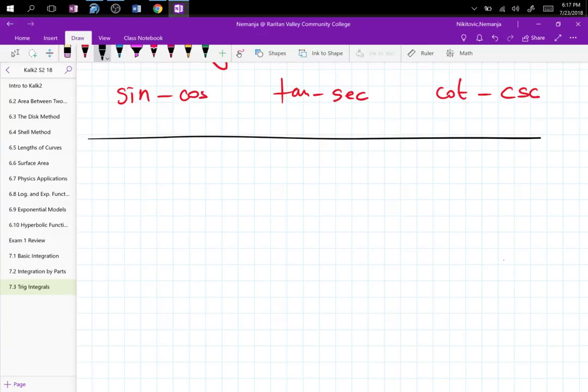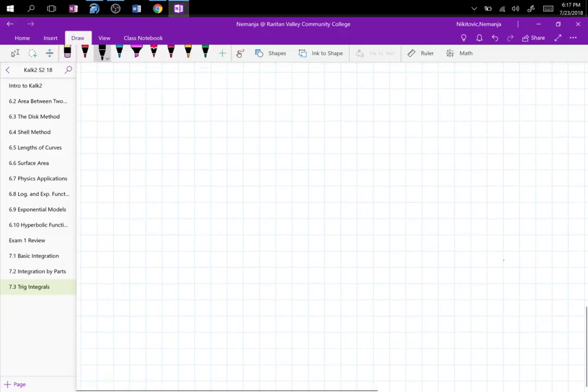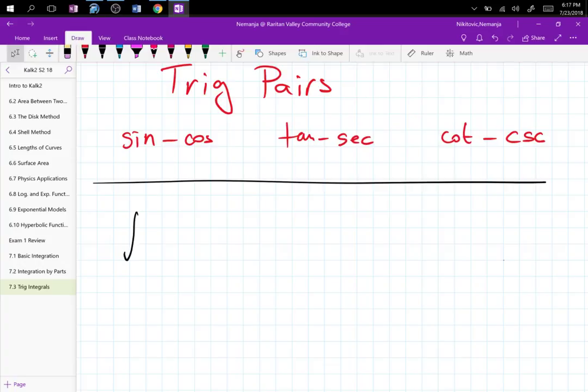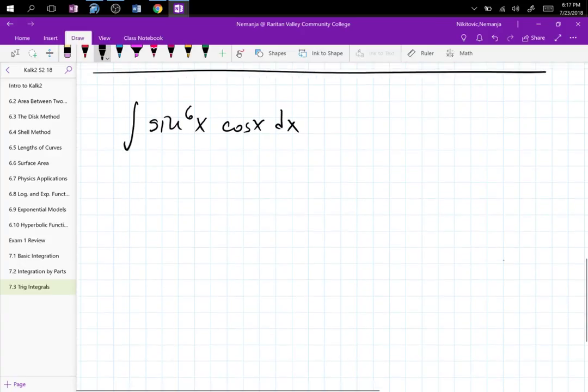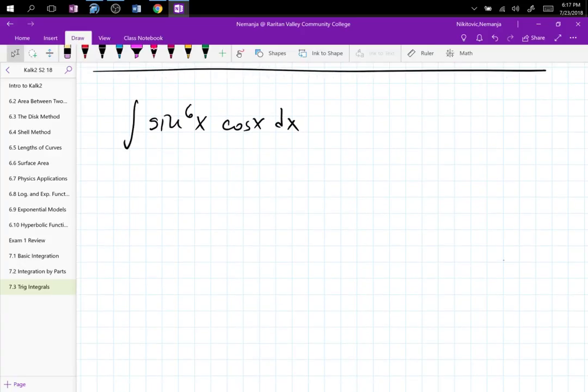The first problem of the section is going to be the one that we did already, I believe, twice. We're going to go with sine to the 6x and then cosine x dx. So what should I do here? Or maybe I could start with, what is the most noticeable thing in this problem?